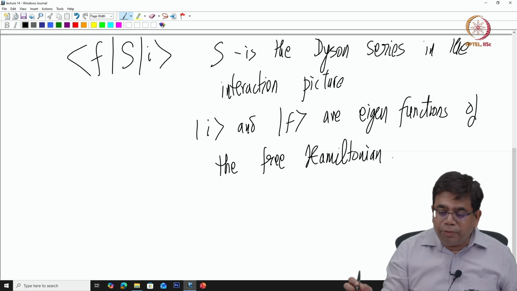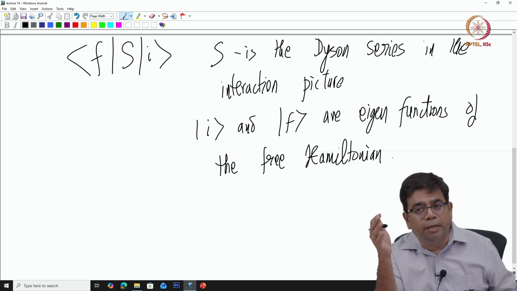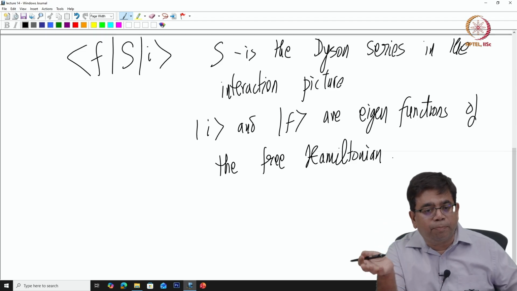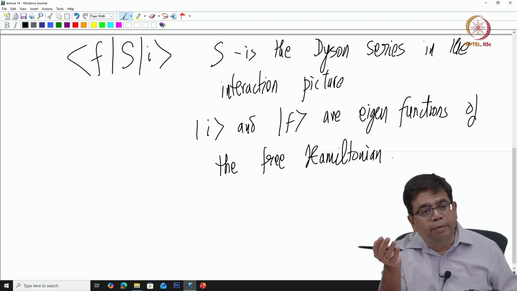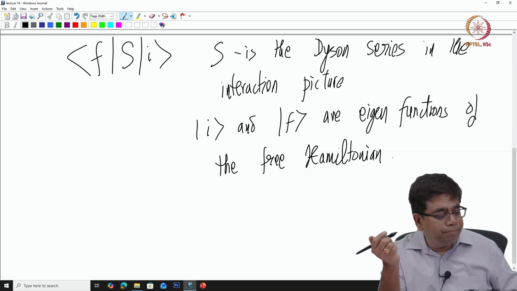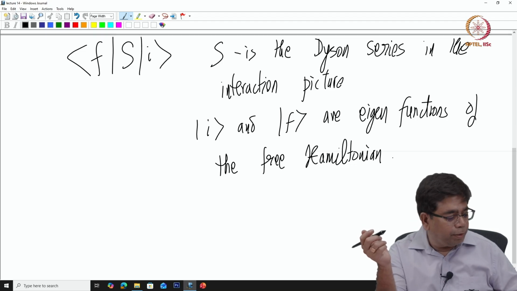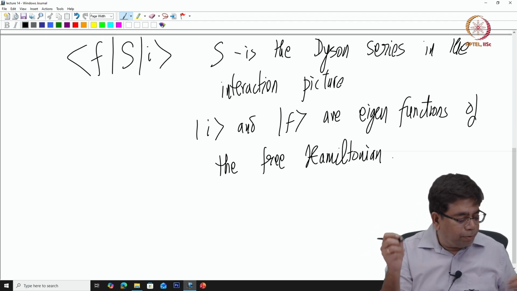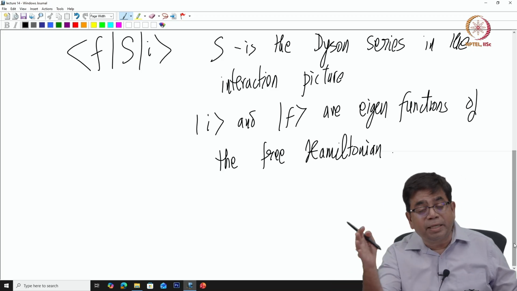Along the way we encountered Wick's theorem essentially, which tells you that all the time ordered products are related to normal ordered products. That is the basic idea, so that is Wick's theorem, plus the propagators.